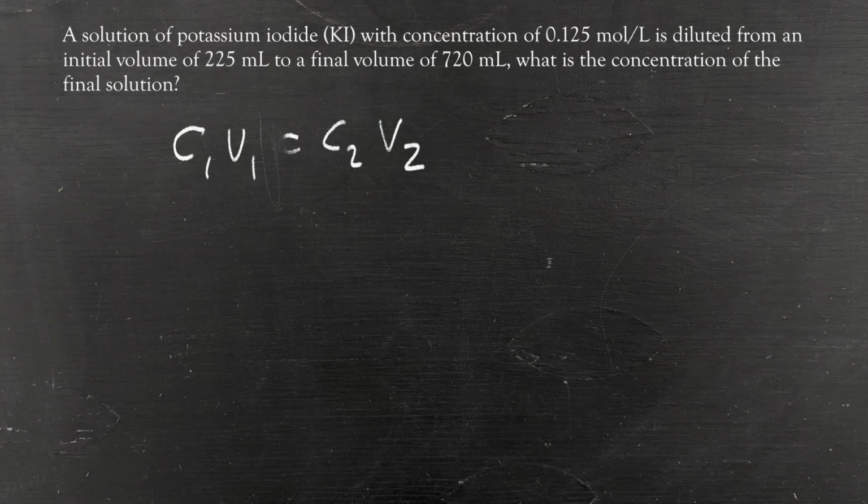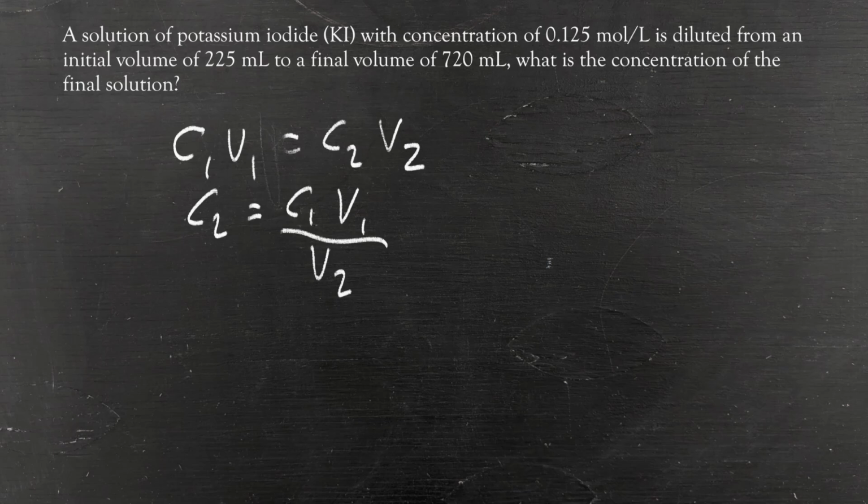In this question, we're trying to find a final concentration, so we can rearrange the equation to say that the final concentration will be equal to the initial concentration multiplied by the initial volume divided by the final volume.